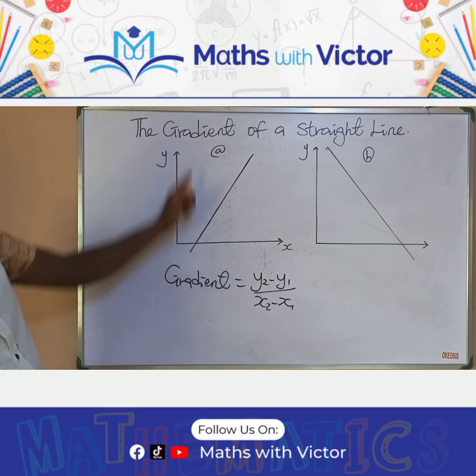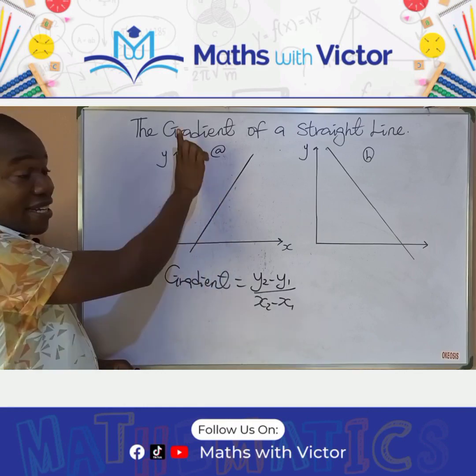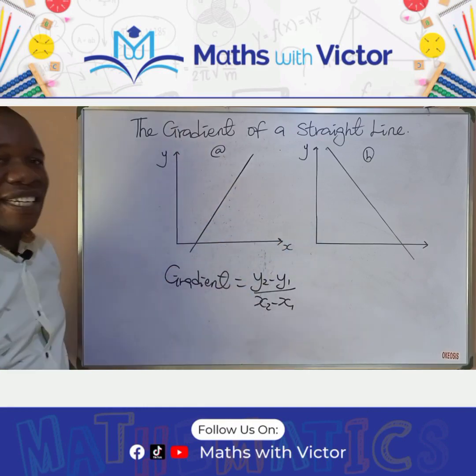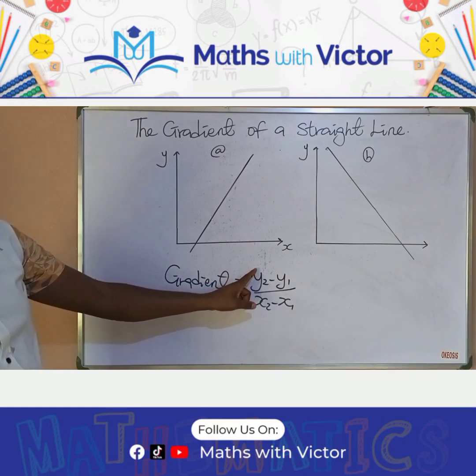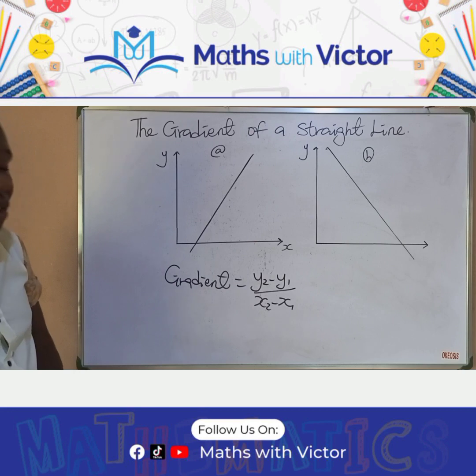In other words, the rise over the run gives you the gradient. Change in y is the rise of the line, and change in x is the run of the line. So the ratio of the change in y over the change in x gives us the gradient of a straight line.